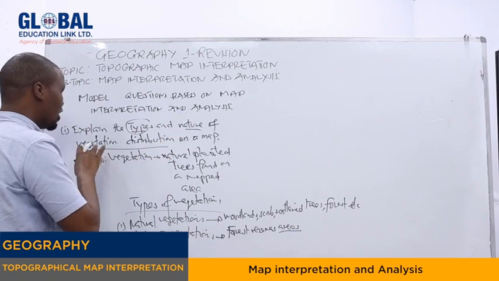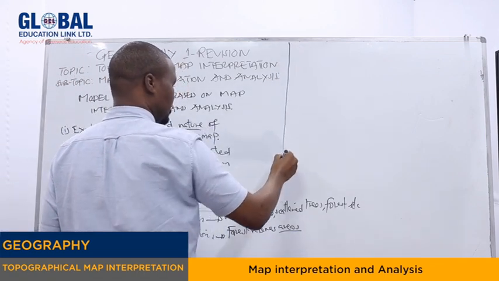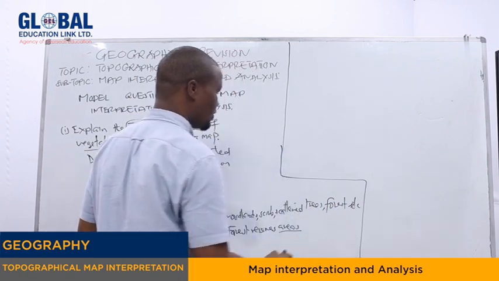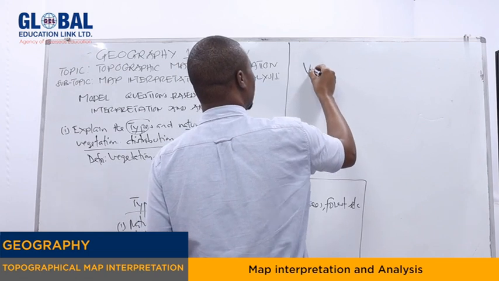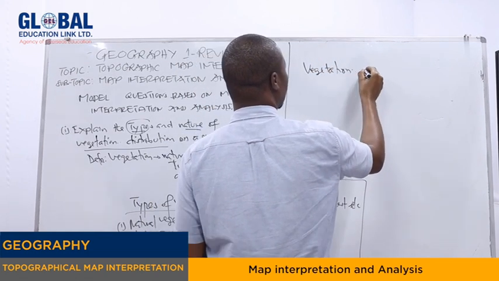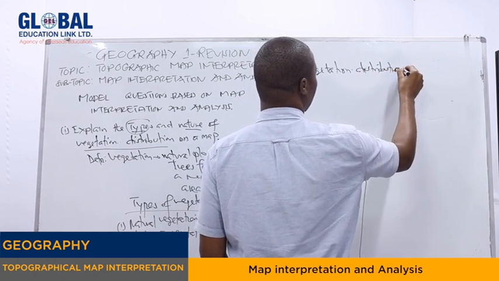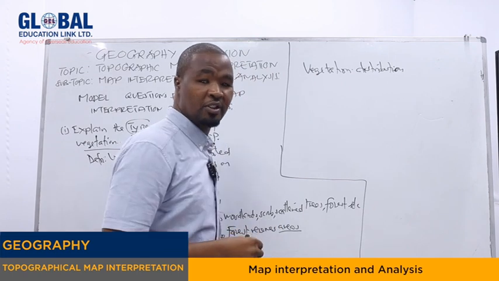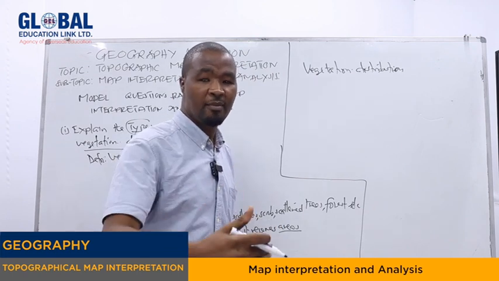Let's go to the nature of vegetation distribution. See? Nature of vegetation distribution. It means, we say vegetation distribution by definition, vegetation distribution refers to the presence or the absence of a certain plant species or vegetation species on a mapped area.